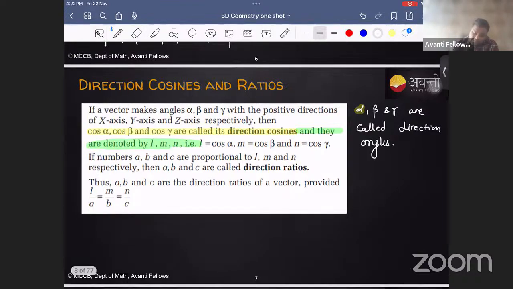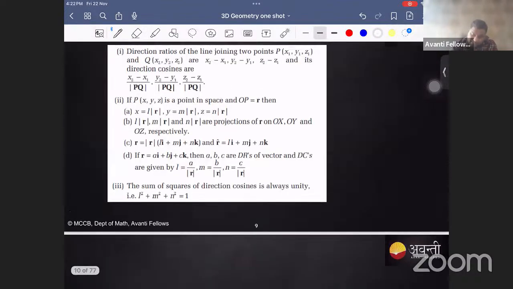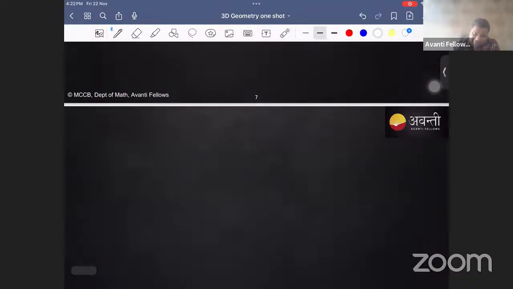Now, what does the direction cosine do? See, we have a vector A as A1 i cap plus A2 j cap plus A3 k cap. Let its direction angles be alpha, beta and gamma.